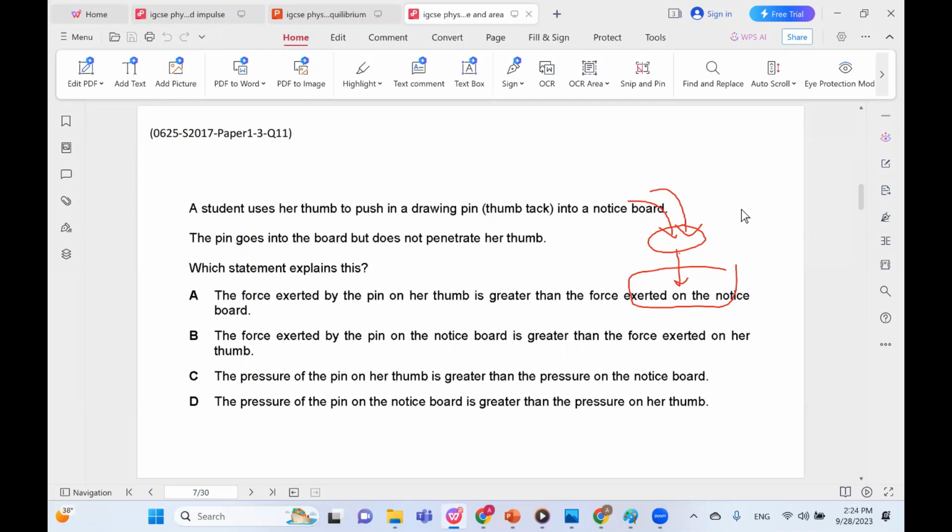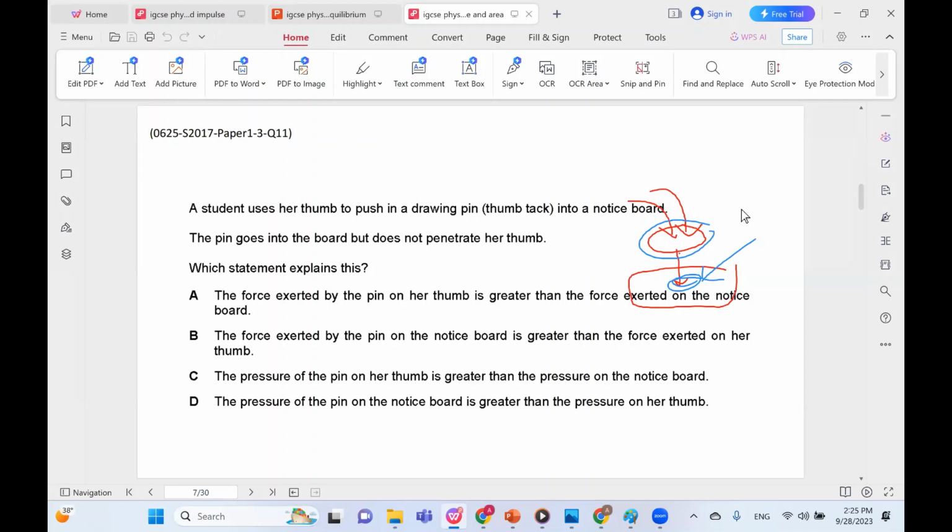So obviously, the same force is being exerted on her finger and on the notice board. But the only difference is the area of contact. So the area of contact here is very small. There is a sharp edge. However, the area of contact here is much bigger, which is why the pressure on the notice board is much higher than the pressure on the student's thumb.